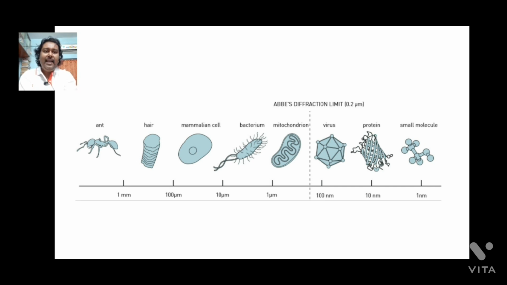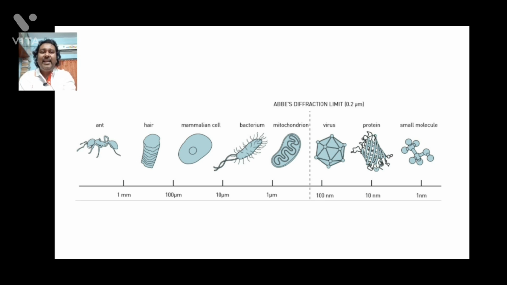This is the Abbe's diffraction limit, from right side to left side, or you can see from left side to right side, and here mammalian cell, bacteria, mitochondria.